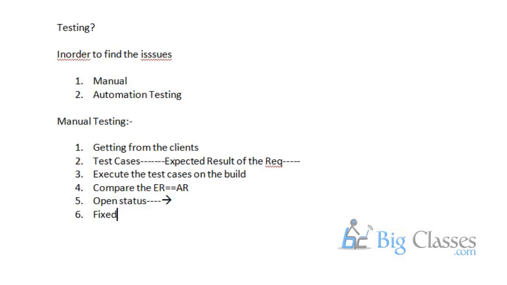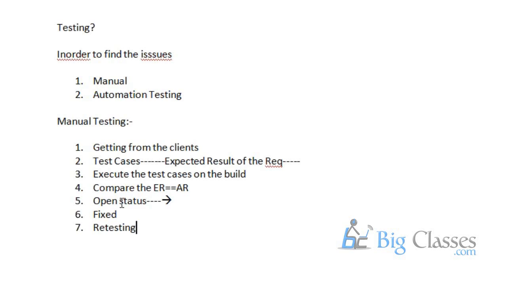Once the developer has fixed the bug, they send a mail saying we fixed all the bugs. Whenever we get the mail from the development team, we need to do the retesting. Retesting means we need to confirm whether the same bug is still reproducible or not. Whatever bug the developer fixed, we need to cross-check whether it is reproducible or not.